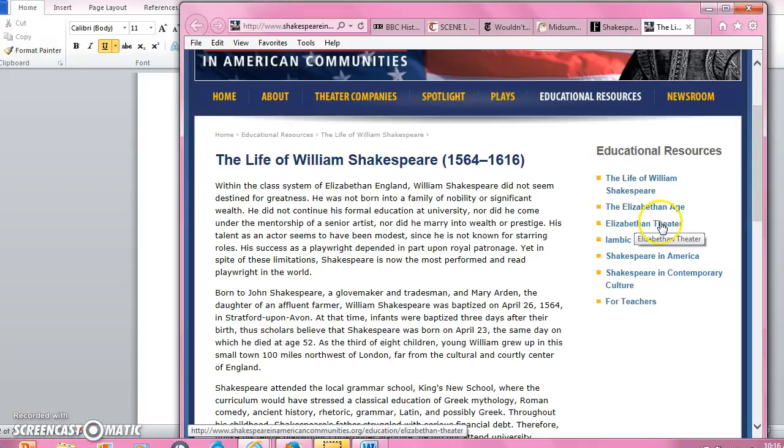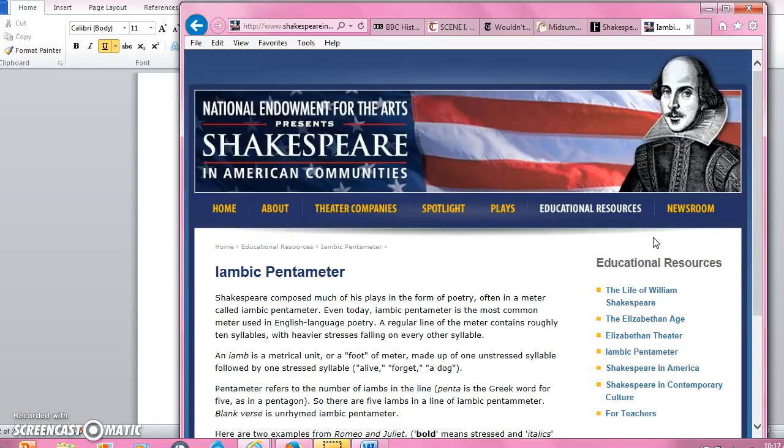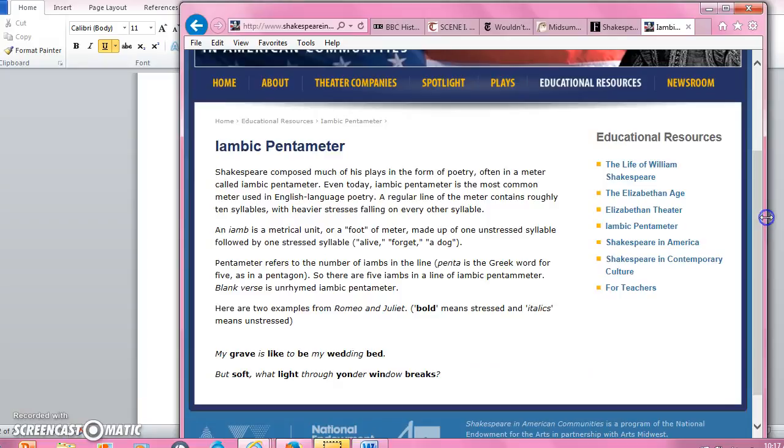You've got Elizabethan theater, the age, so you'll be able to comprehend this as a whole, more of a culture rather than just his life, because I gave you a lot of websites on just his life information. It's going to be more about these things in here that I'm really going to help you with. If you look at iambic pentameter, it's got a whole bunch of information there for you and an example down here, so you can hear where that stressed and unstressed syllable actually happens.